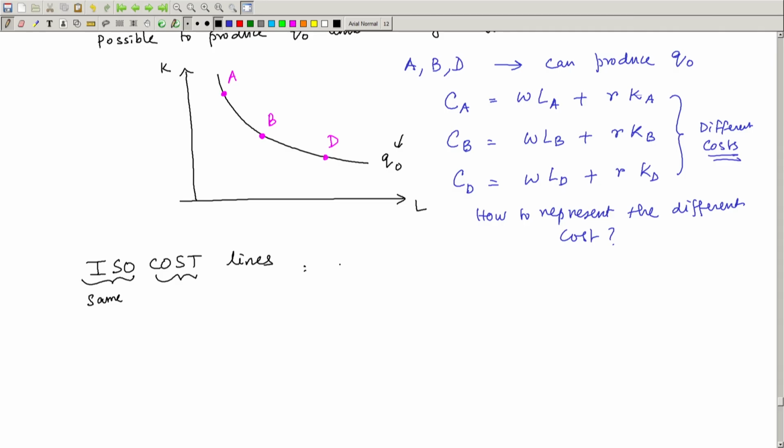So the iso-cost line describes the combinations of labor and capital that cost the same amount of rupees.